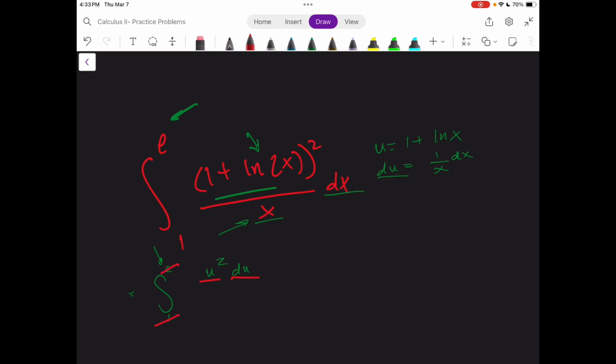So they're really not 1 and e. When we plug 1 into u, so u of 1, we get 1 plus ln of 1. ln of 1 is just 0. So u of 1 is 1.